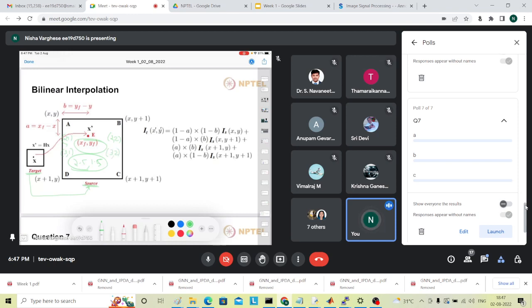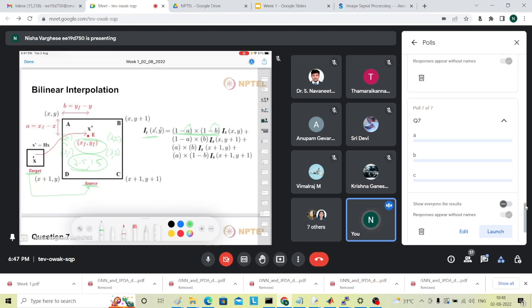Then using the intensities at those neighboring positions, you will find the intensity at the target position. How? Using this formula. For that you'll have to find A and B first, which can be found using the distance from the neighbor to the center pixel. This one you have already done in the assignments.